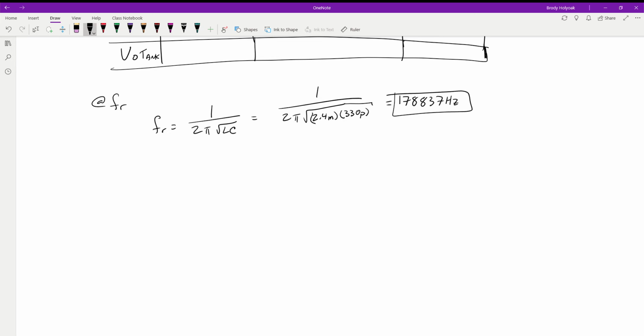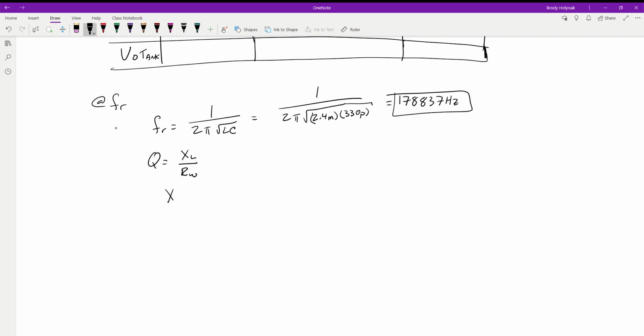Now the next thing we want to do is solve for the Q point, because we're at resonance, so Q point exists and we need it to solve for our equivalencies. So the Q point is equal to the inductive reactance over the resistance of the winding, or any other resistance that's in direct series with the inductor. So in this case, we need to find what the X of L is for this value.